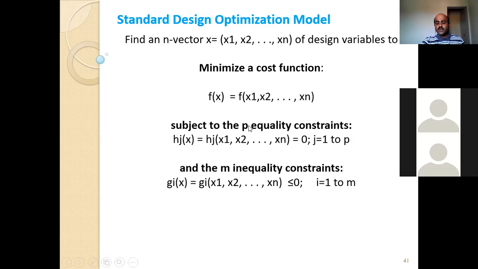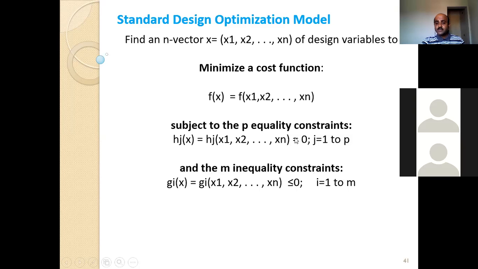Subject to the p number of equality constraints, hj of x is equal to hj of x1, x2 to xn equal to 0, where j is equal to 1 to p. So p can be any value, 1 or 2 or 3. And the m inequality constraints: gi of x is gi of x1, x2 to xn, which is less than or equal to 0.